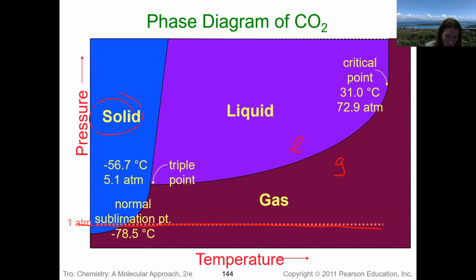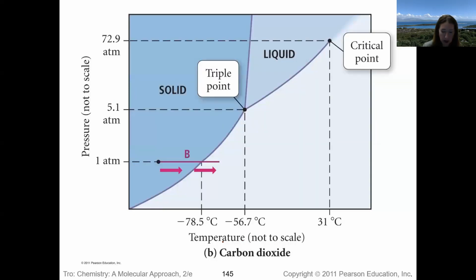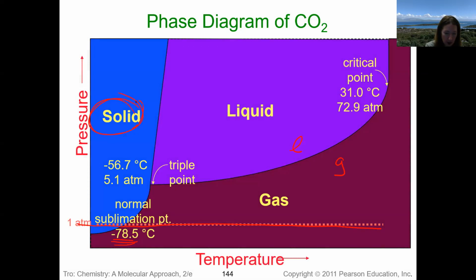you have to go very low in temperature, right? So if you look here, if you go from a solid to a gas, which is the only option we have here, it is negative 78.5 degrees Celsius, right? And that's the point we're going to go from a solid to a gas.